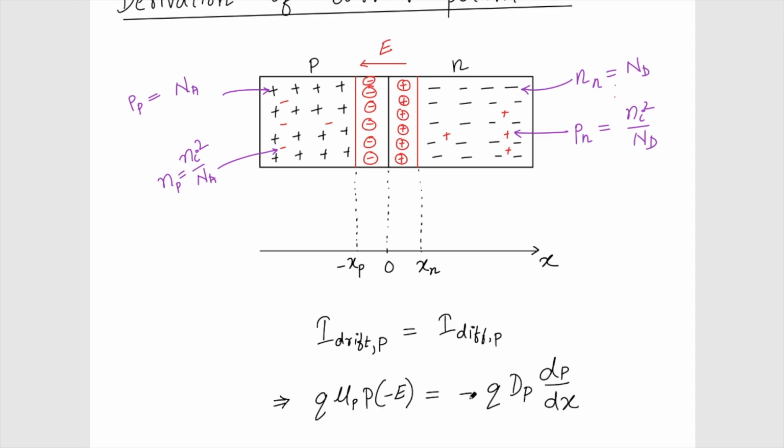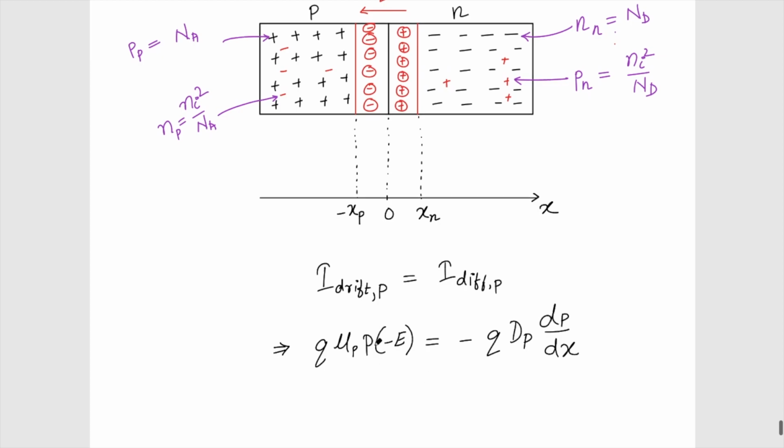Here p is the concentration of the holes, Dp is the diffusion constant, and dp by dx is the variation in the concentration of the holes as we go from this point to this point.